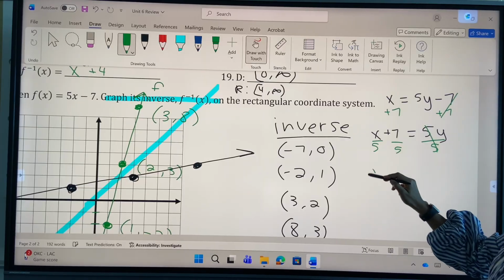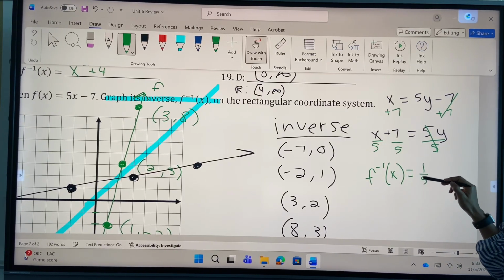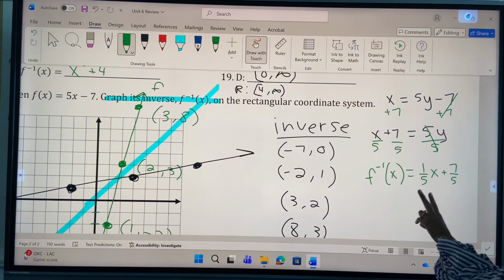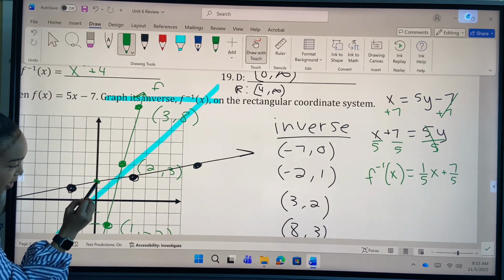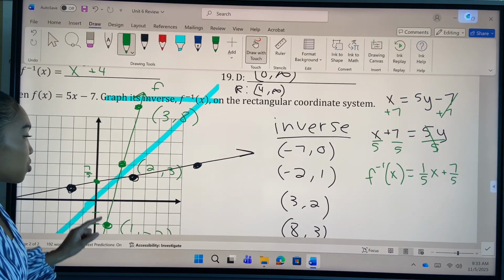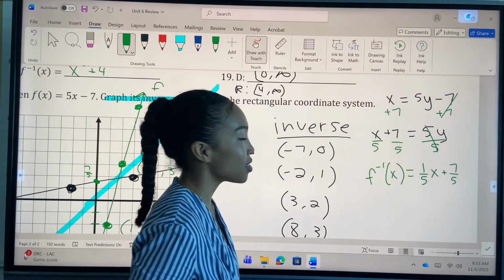So that means the inverse equation is 1/5 x plus 7/5. And I think that's a bit difficult to graph because these are all fractions, but you can kind of notice that this right here is about 7/5. And it goes up 1/5 every time. All right, so that was the review.